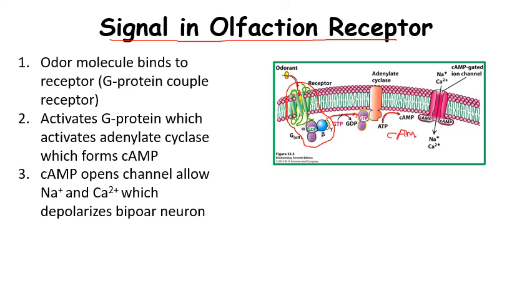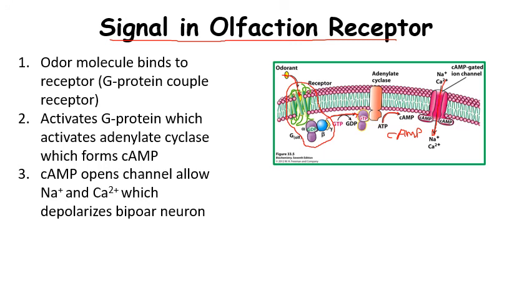All right. And that cyclic AMP then goes and opens up ion channels for sodium and calcium. Okay. That's going to depolarize our neuron, because remember, these are neural cells, and then we can get an action potential sent, and we can release a neurotransmitter to the next neuron in the line.